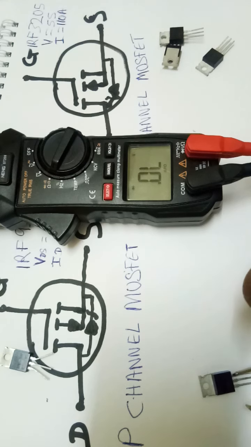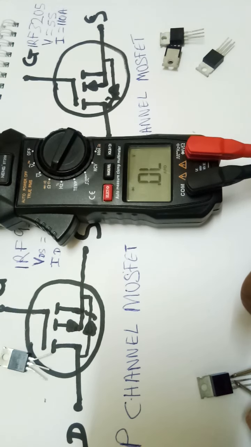Positive probe on source, negative probe on drain. Perfect. The reading falls within the range of 0.4 to 0.9. If the reading falls between 0.4 to 0.9, the voltage drop, it means it's an N-channel MOSFET.